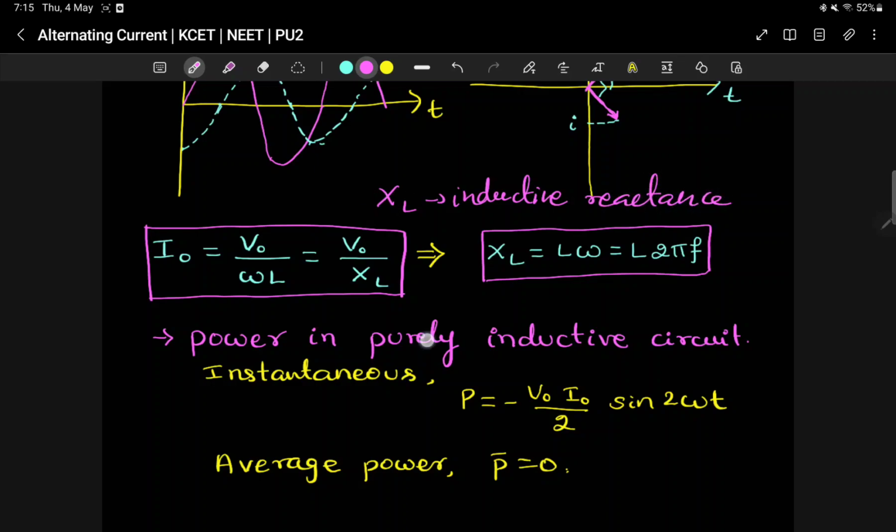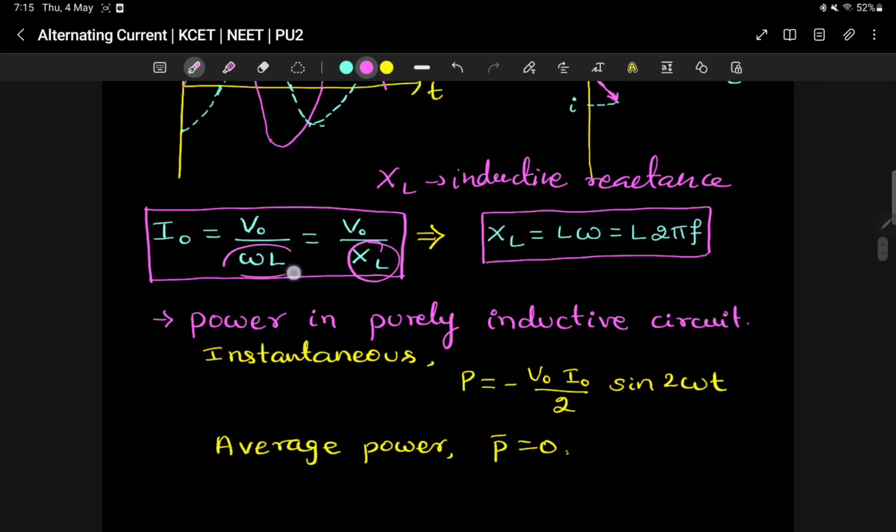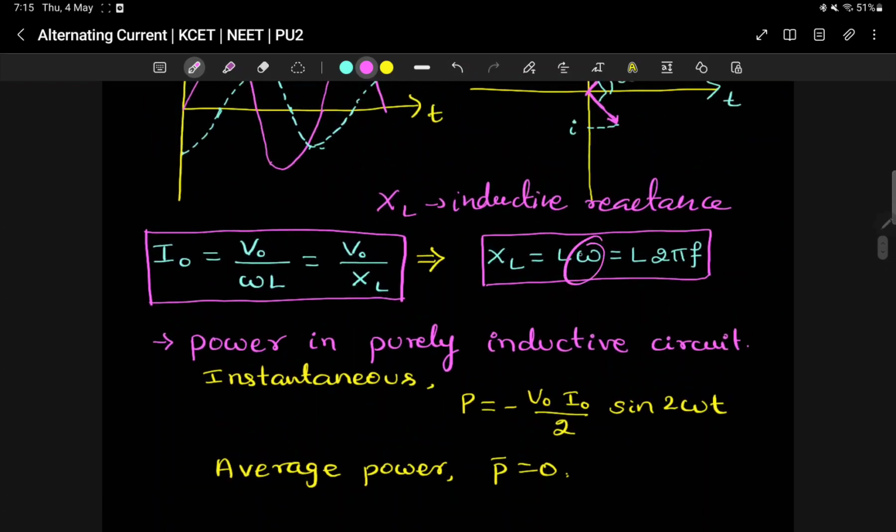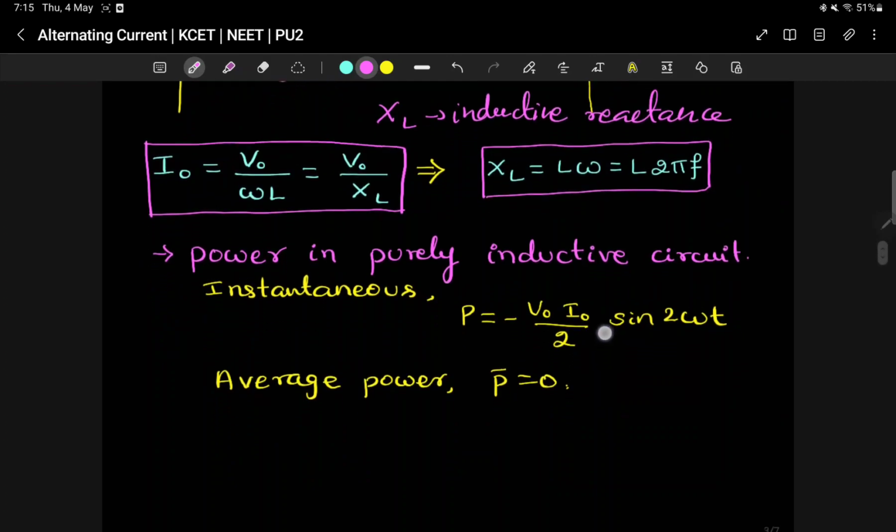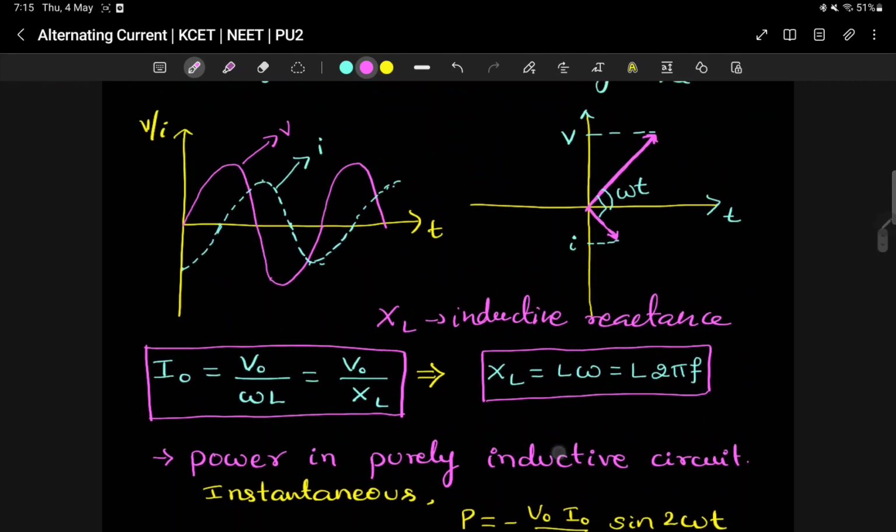XL is equal to L omega. What is omega? Angular frequency. So omega is equal to 2 pi f.